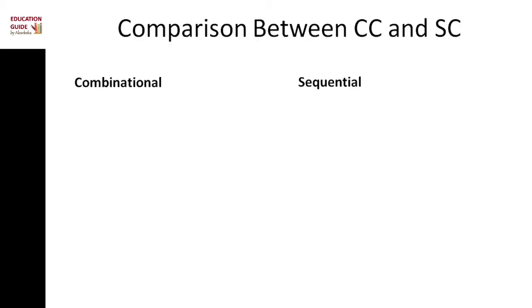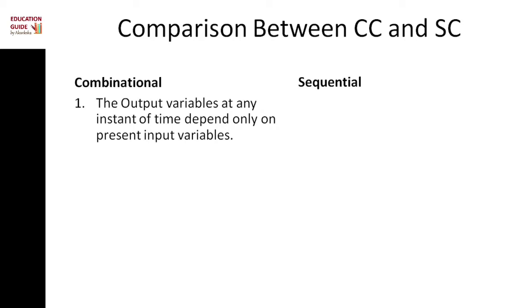Let's discuss comparison between combinational and sequential circuits. In combinational circuits, the output variables at any instant of time depend only on present input variables.